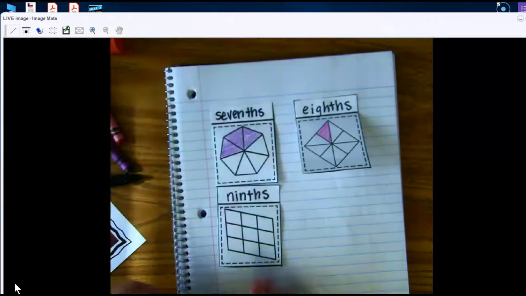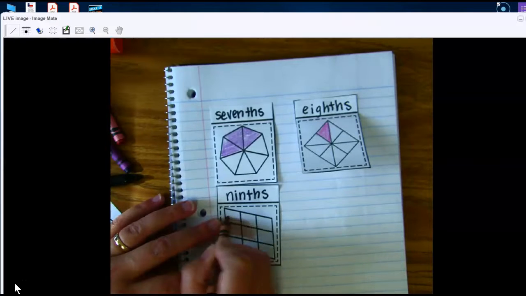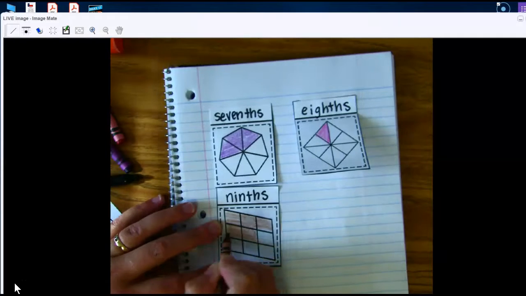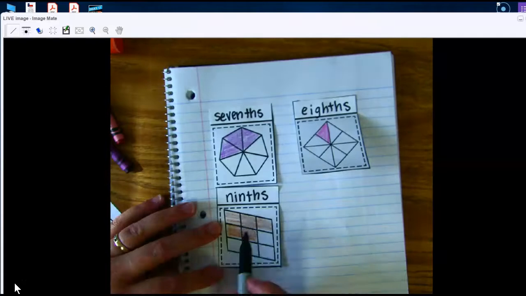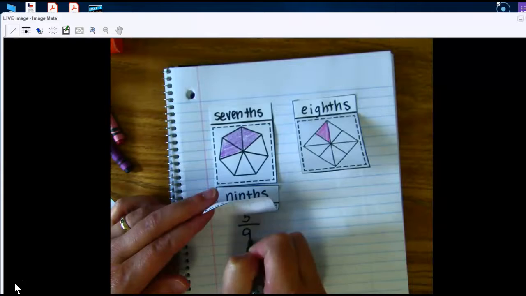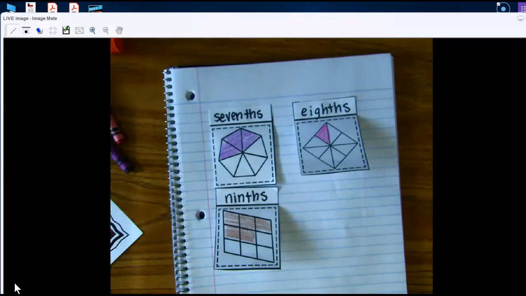I think I'm going to do 5. Now I'm going to write 5 because that's how many I colored over a 9. So it's called 5 ninths.